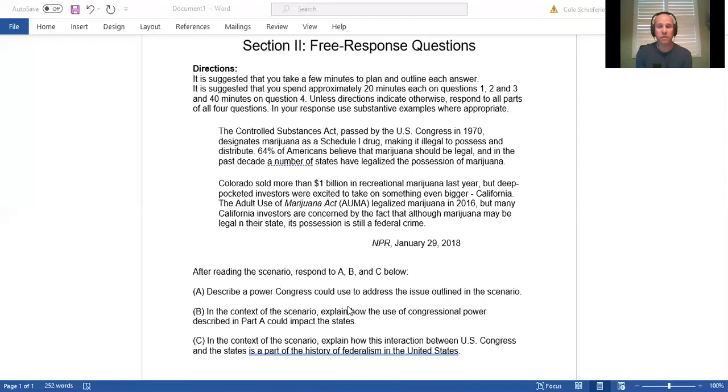Right away you should be thinking anti-federalists and federalists. Federalists wanted more power for the national government when we passed the Constitution. Anti-federalists wanted more state power when we passed the Constitution.